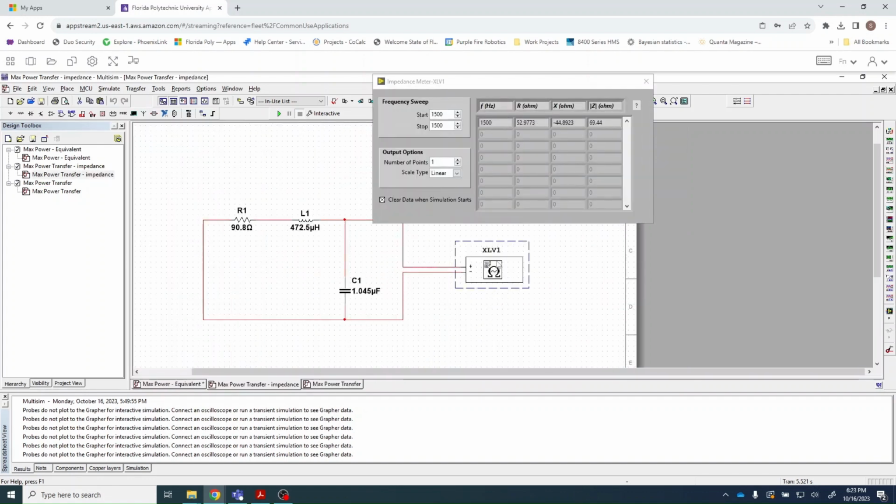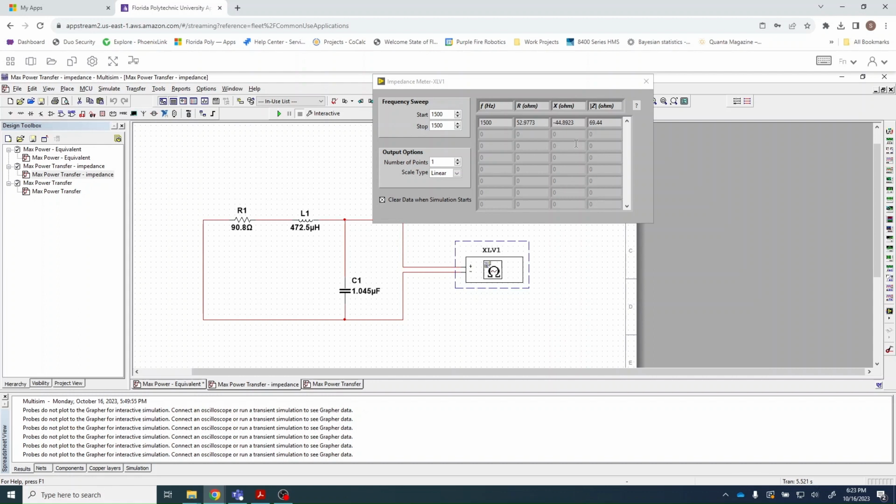So let's go back here. Remember, we determined our Z Thevenin and we got a resistance and a reactance. Now, this is telling me what the reactance of my Z Thevenin element is. The complex conjugate just has the opposite sign here. It should be positive 44.